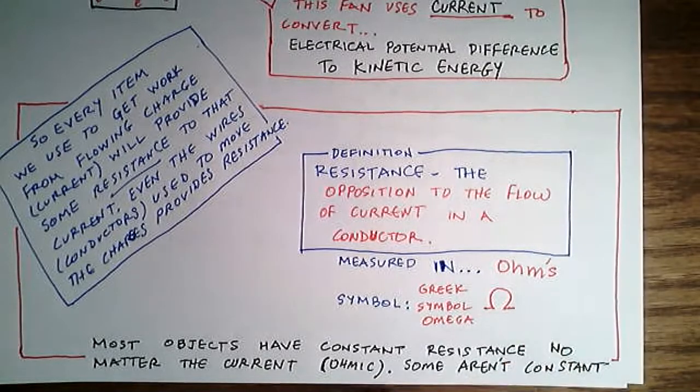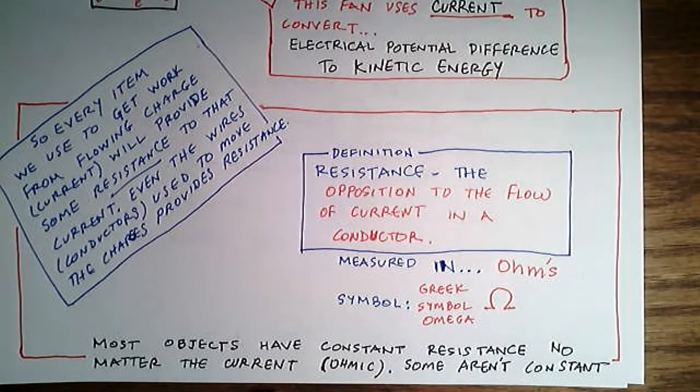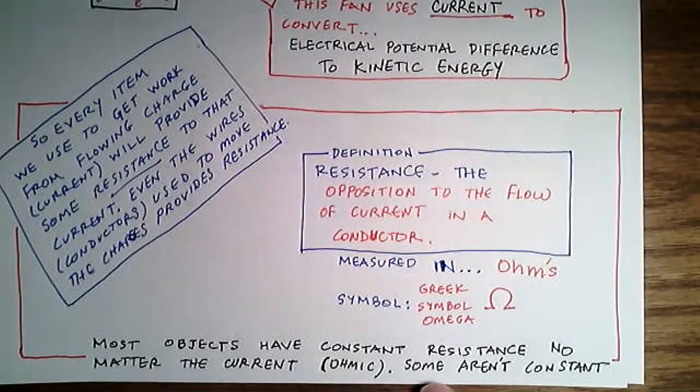And what we usually say with most objects is that most objects have a constant resistance. It's not going to vary no matter how much current you try to shove through it. It's going to provide the same resistance. We call those objects ohmic. So there are some objects which do vary. Their resistance varies depending upon how much current you try to push through it or what direction the current is going in. So for instance, you may have heard of an electric device called a diode.